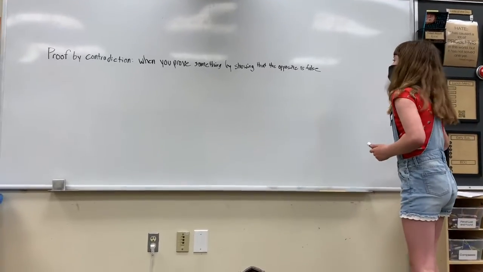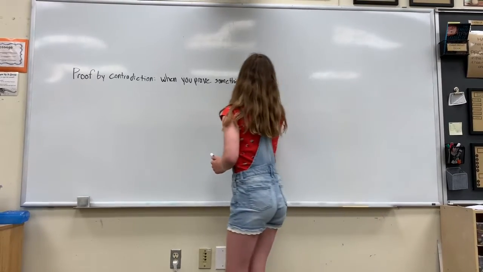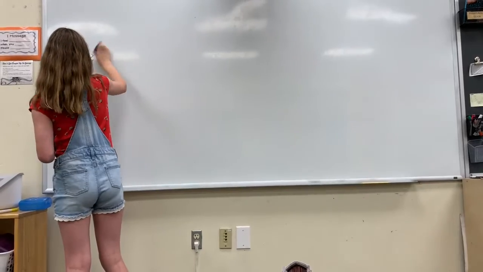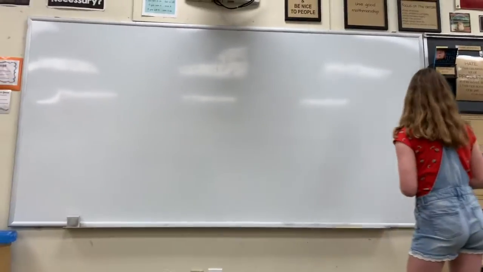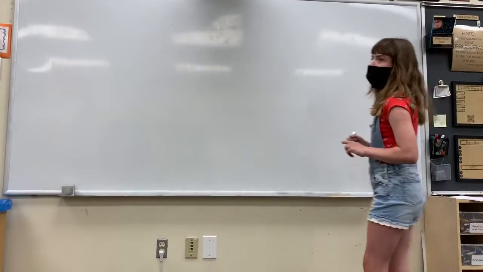So for a second here, let's just assume that the square root of 2 is a rational number. We just said that a rational number is a number that can be expressed by an irreducible ratio of 2 integers.